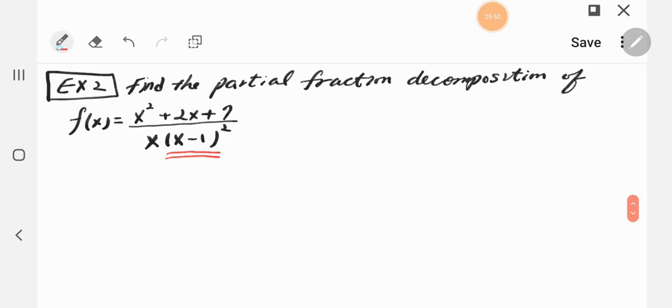So from this one we can have 3 fractions. So let me write it here below. So f of x will be something like this.